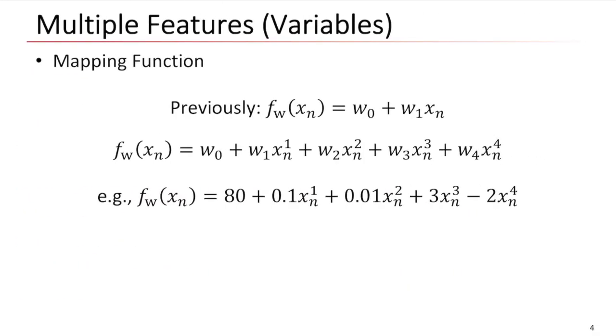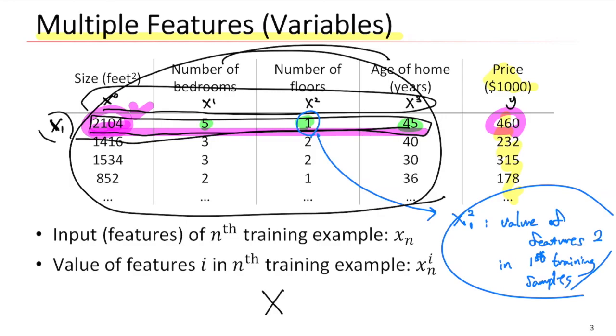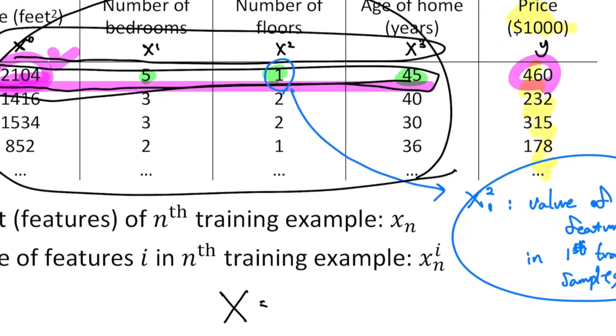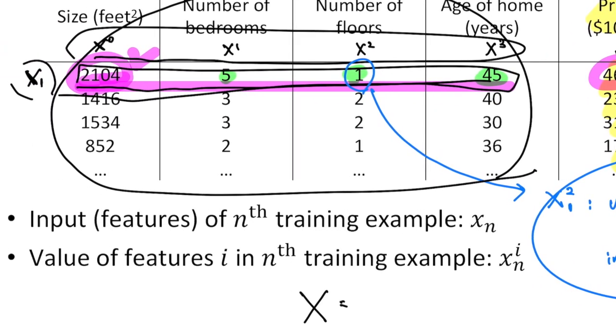Okay, let's see the details. We can represent the training data as matrix x and vector y, something like this, and to represent the input variable matrix x, we can just copy these values.